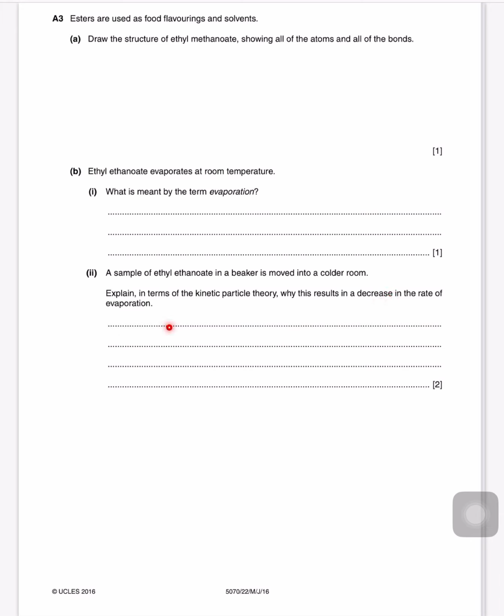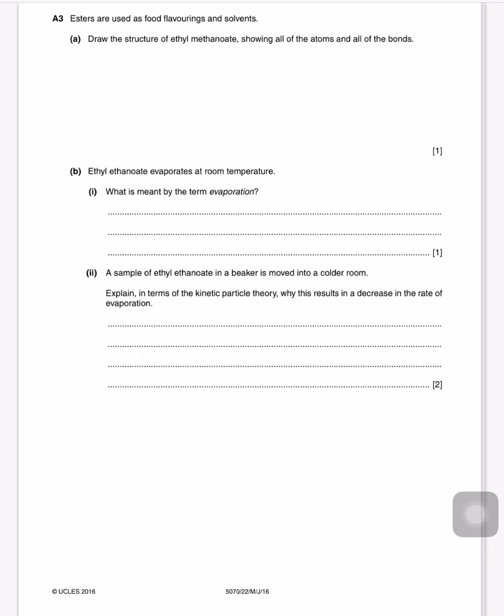So what we will say over there, by lowering down the temperature, particles will have lesser kinetic energy. As a result, they will have lesser ability to shift themselves from the liquid state to the gaseous state. That's why by lowering down the temperature, rate of evaporation, speed of evaporation will be decreased, whereas by increasing the temperature, rate of evaporation will be increased.